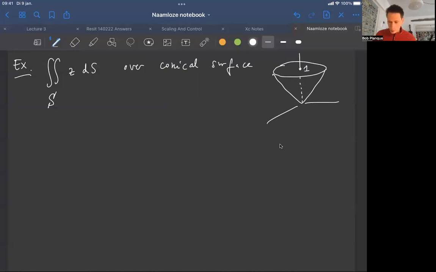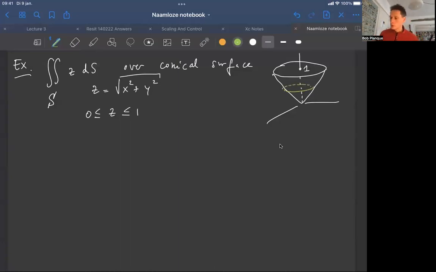And the conical surface is given by z equals the square root of x squared plus y squared, and z lies between 0 and 1. So for every z that I choose between 0 and 1, the square root of x squared plus y squared equals a number, which is a circle. So for instance, this circle.